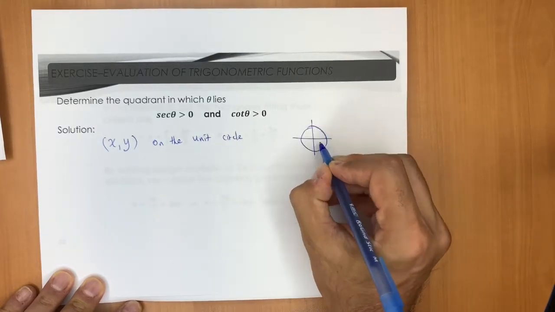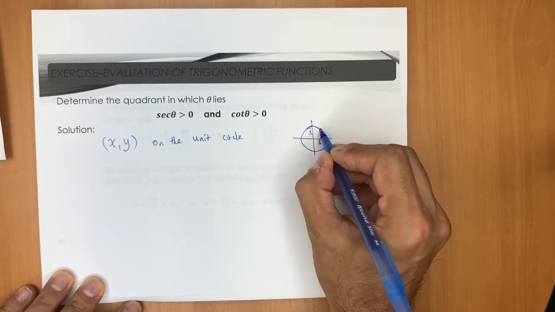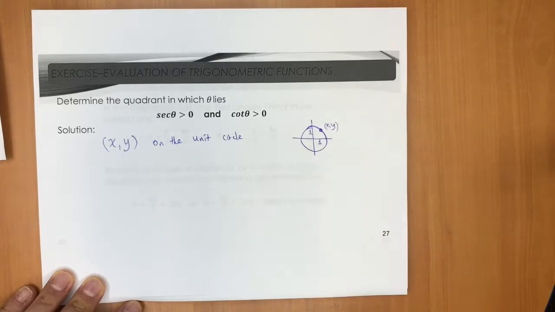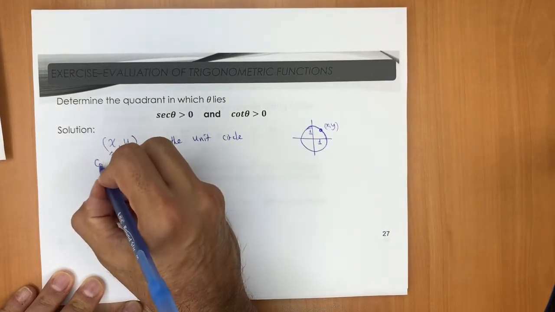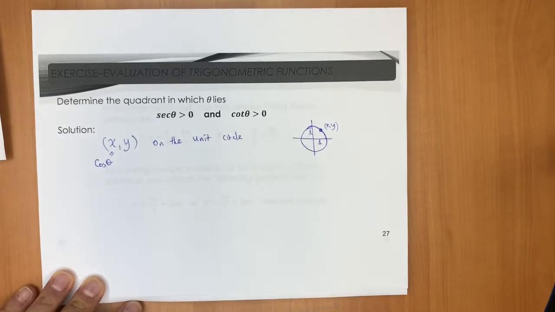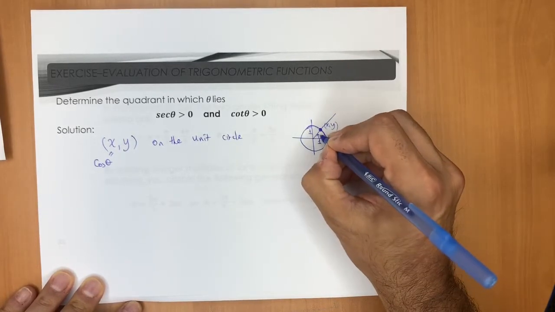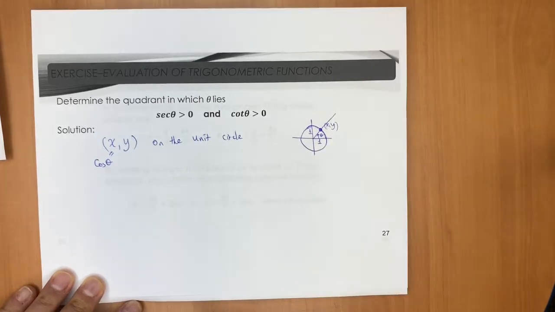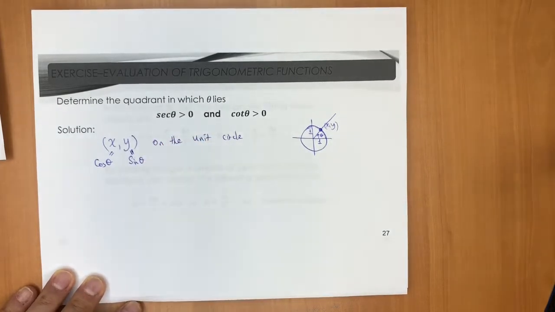And unit circle means you have a circle of radius 1, and you pick a point x and y, and we know that x is the cosine theta, and theta is the angle that the terminal side makes, and that terminal side crosses the point x and y. And the y coordinate is going to be exactly the sine of theta.